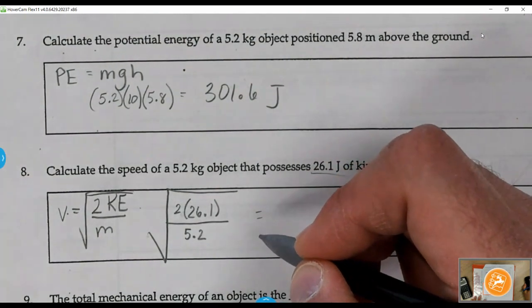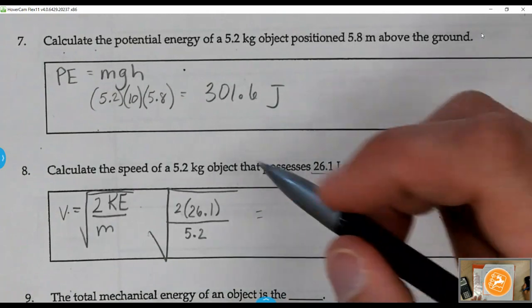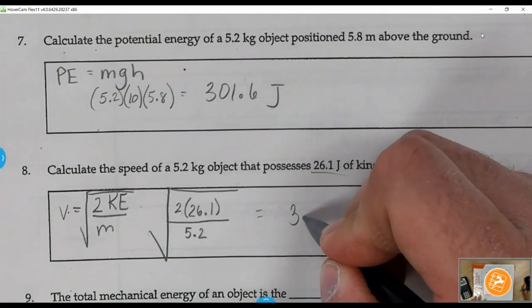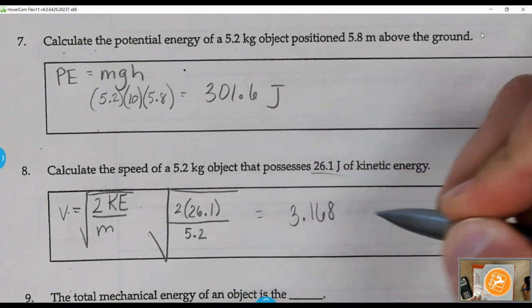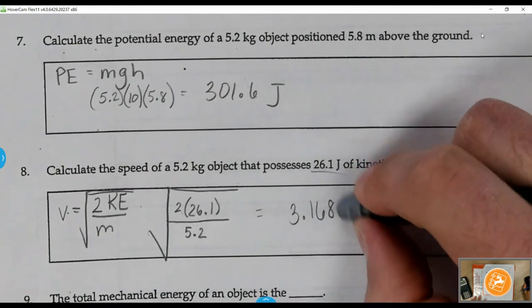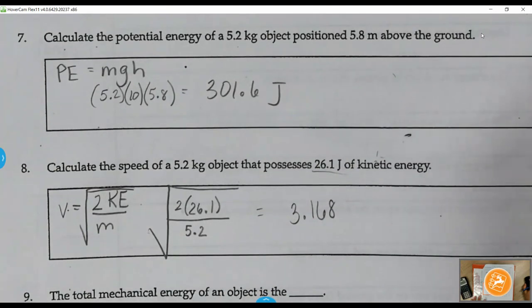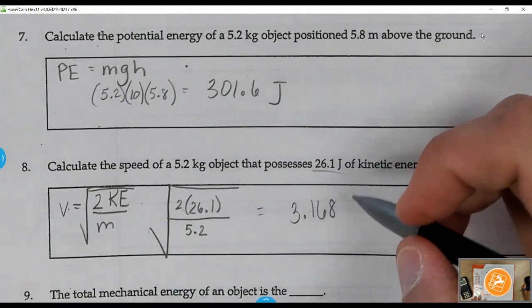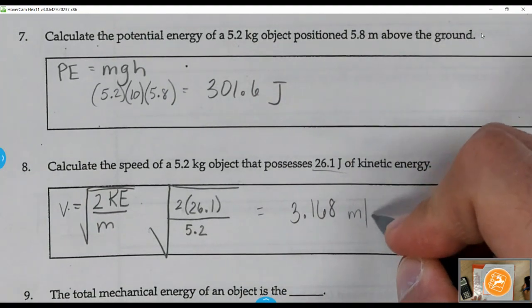So typing that into your calculator, we're going to get an answer here of 3.168. Not joules. What is the unit for velocity? Help me out. Meters per second. Good.